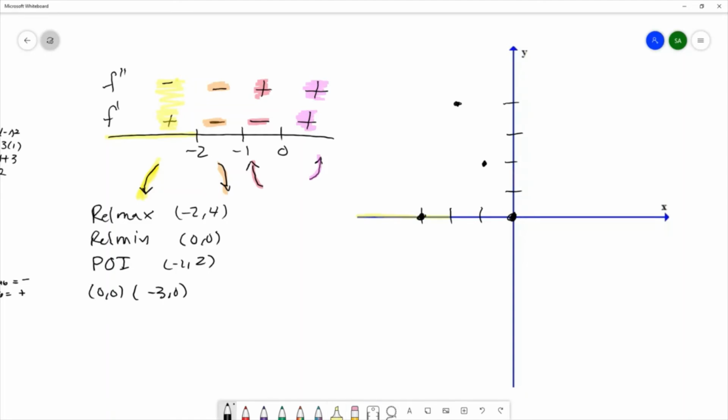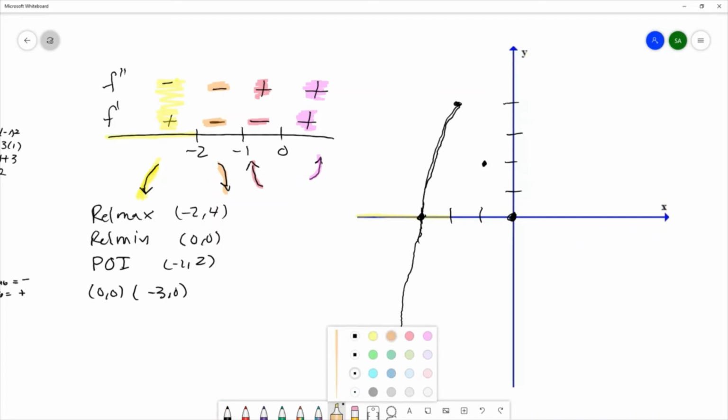I'll draw this portion of the curve increasing and concave down. And then in the next section, which goes from -2 to -1, I want to draw that section as decreasing and concave down.